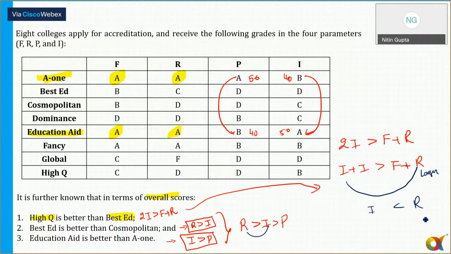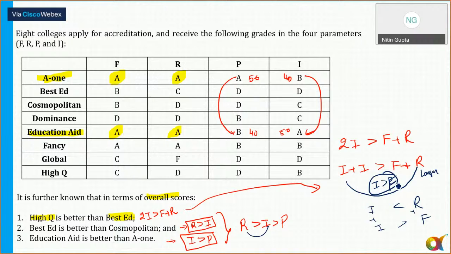But here I am adding F and here I am adding I and the sign is getting changed. Yes or no? The sign is getting changed. So that is only possible if I is greater than F. So it means I is definitely greater than F also. Any doubts to anyone now? So we have got that I is greater than F now also.